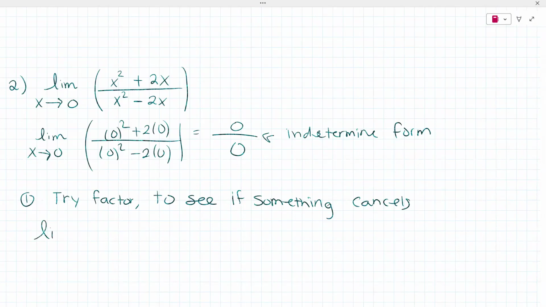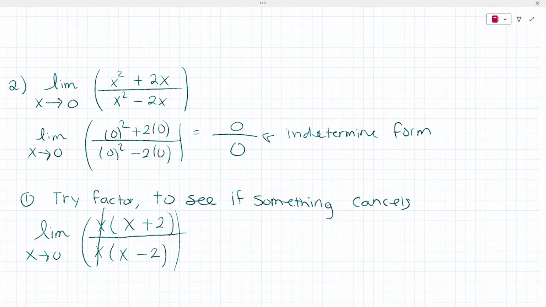So, the limit as x approaches 0. Looking at the top, x squared plus 2x, you could factor out an x, so this is x times x plus 2. On the bottom, x squared minus 2x, you can take out an x, that's x times x minus 2. And what do you see that cancels? I see the x's cancel.